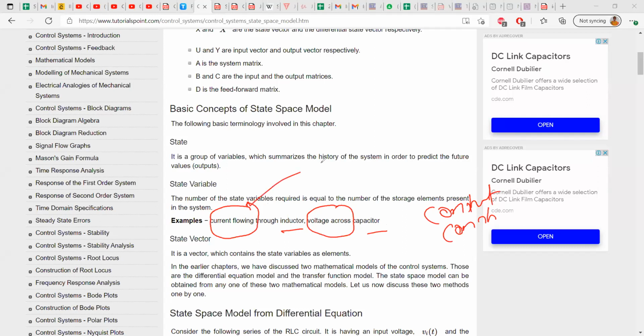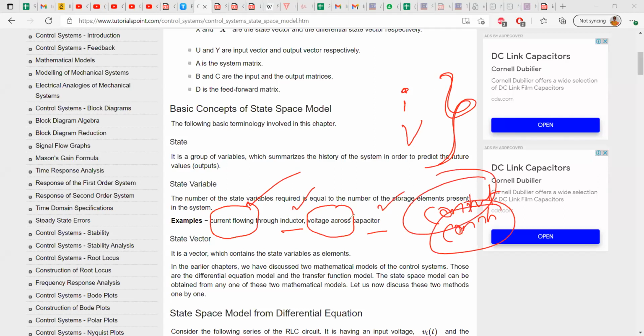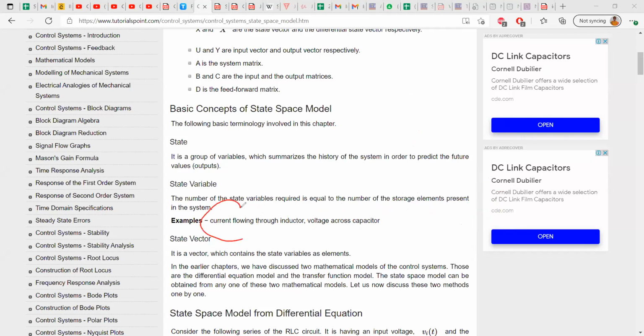The current flowing, I, is the variable. Similarly, voltage is the variable. They are not fixed. They are variable constraints. But the value of the inductor and the capacitor, they are the fixed constraints. They are the constants. So here the variables are the current flowing through the inductor and the voltage across the capacitor. These are the storage elements.